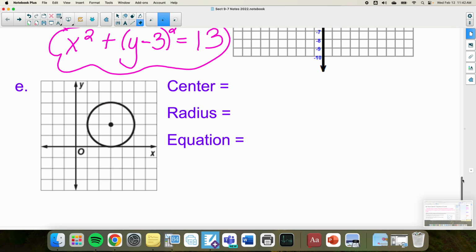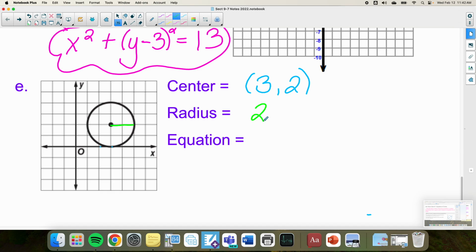So this gives us the graph. We have to find the center from the graph. So here's my origin. I'm going to go over 1, 2, 3, up 2. So that center is 3, 2. Then I need the radius. Do you guys agree it's just 2? Right?